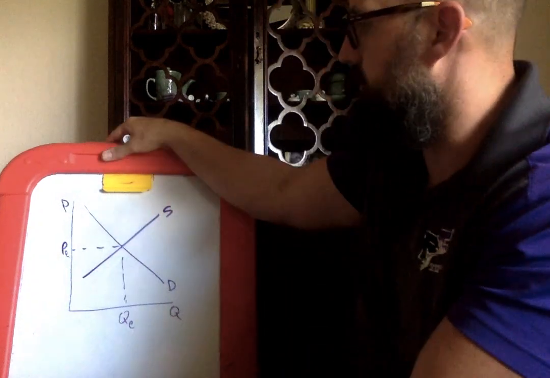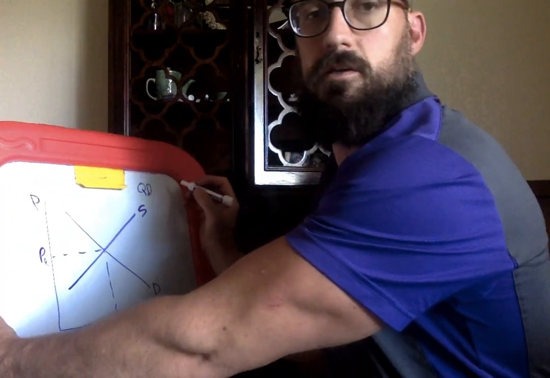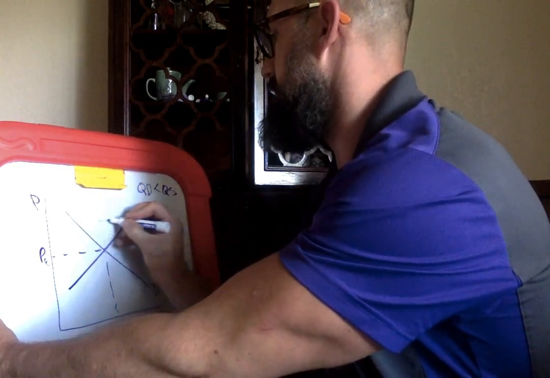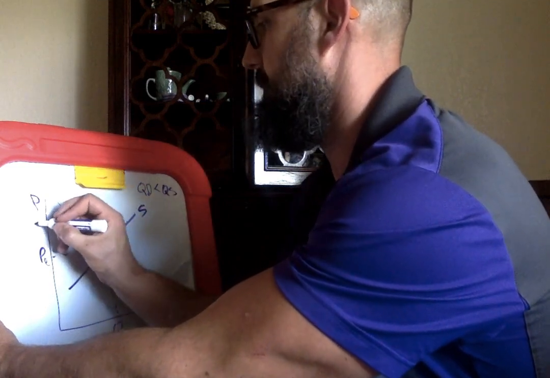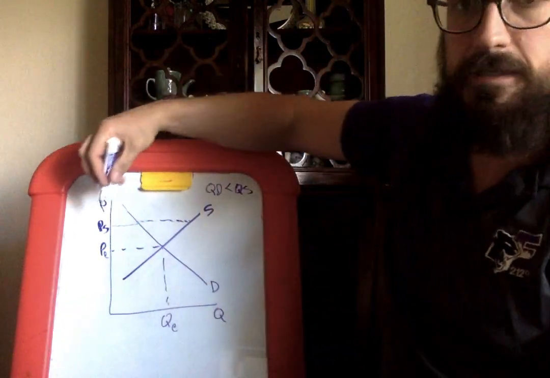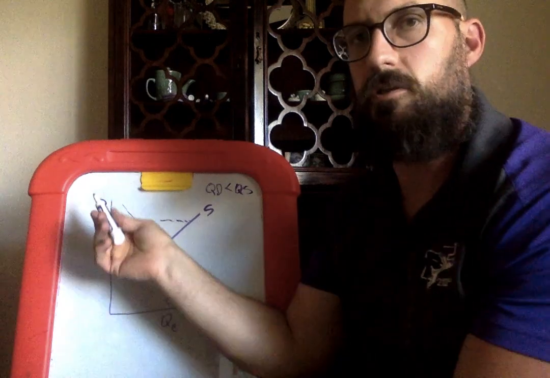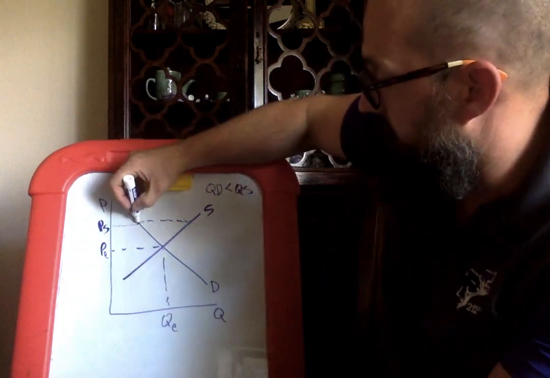And that surplus would look something like this. Quantity demanded is going to be less than quantity supplied, and that would be up here. At this particular price level, I'll just put P sub S, people are not buying enough. You can see that right here on the demand curve.